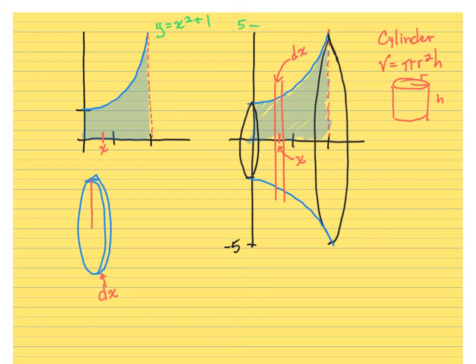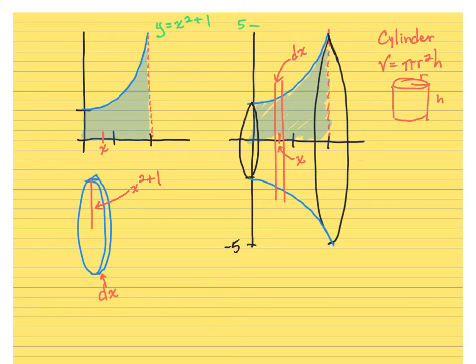All right? And so the radius, if we go back to our slicing picture, we went over a distance x. The radius of this particular disk is that distance right there, the distance up to the function. So if I plug in x into the function, that's going to give me the radius. So that is to say, this radius right here is x squared plus 1.